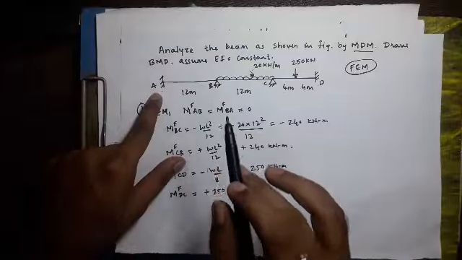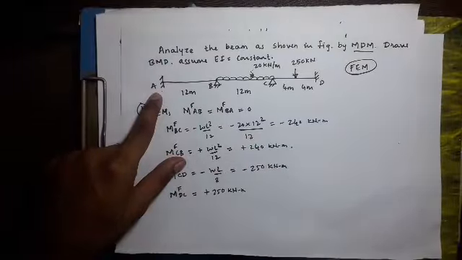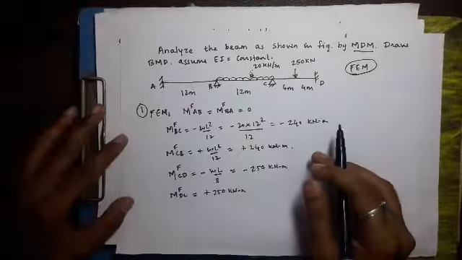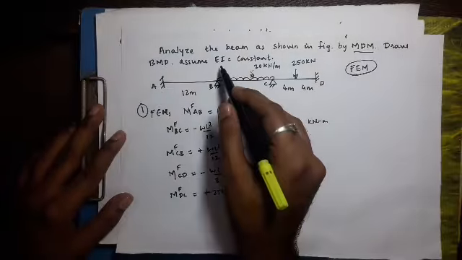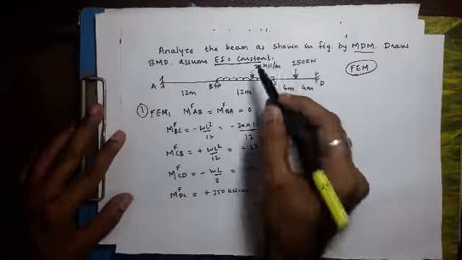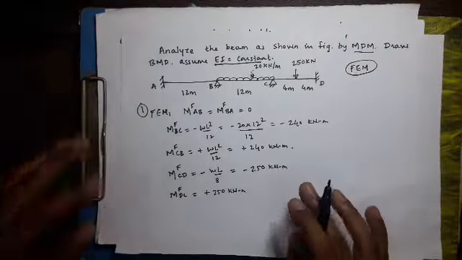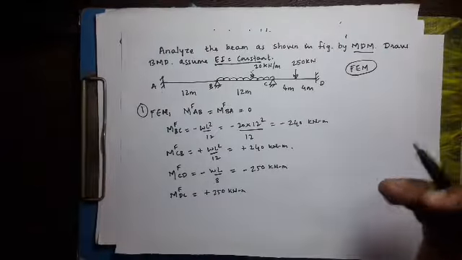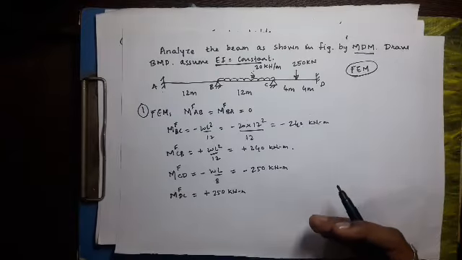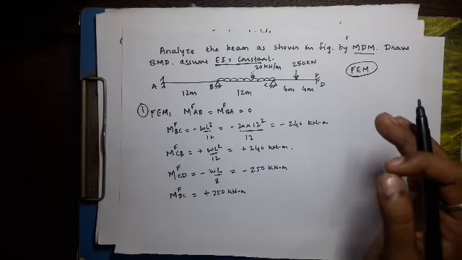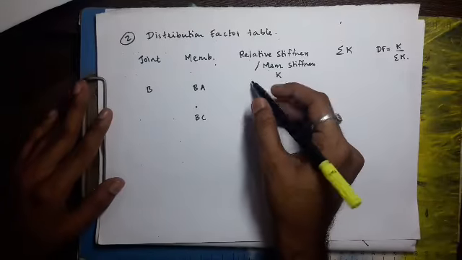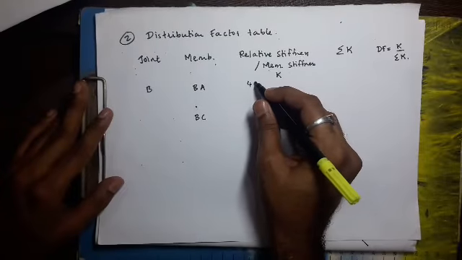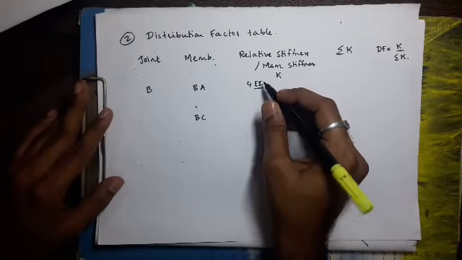If the far end is fixed, then member stiffness factor is 4 EI by L. By the way, EI is constant here. Okay, if the far end is hinged, far end is roller, then member stiffness factor is 3 EI by L. Remember. So here the far end is fixed, it will be 4 EI by L.